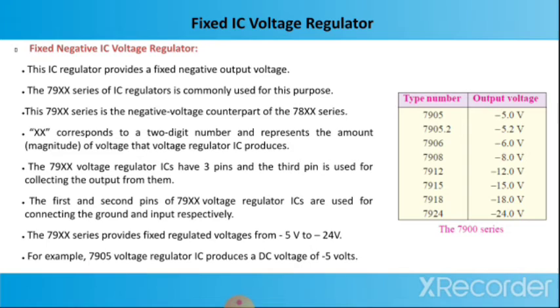So 7905 will produce minus 5 volt, 7905.2 will produce minus 5.2 volt, 7906 will produce minus 6 volt, 7908 will produce minus 8 volt, 7912 will produce minus 12 volt, 7915 will produce minus 15 volt, 7918 will produce minus 18 volt and 7924 will produce minus 24 volt.